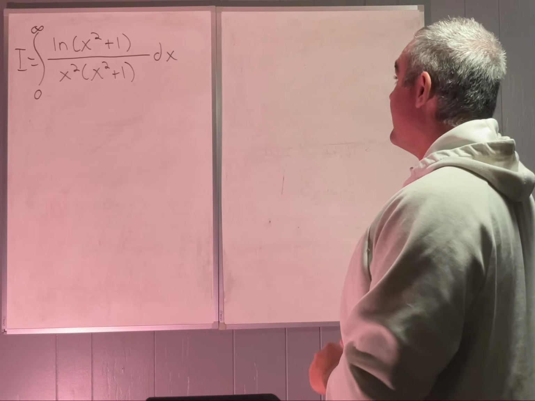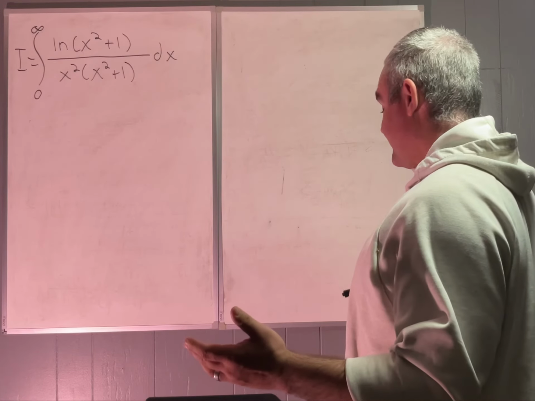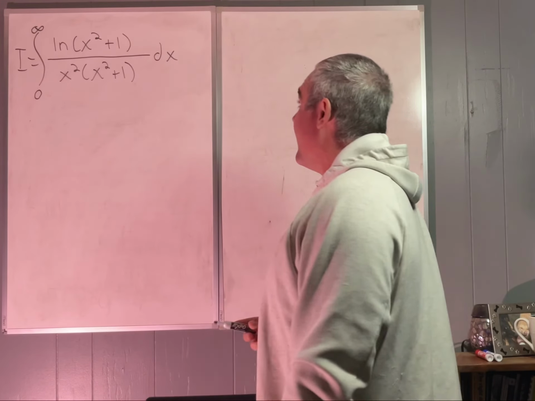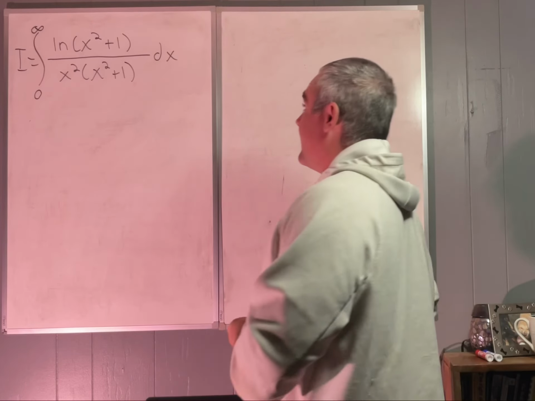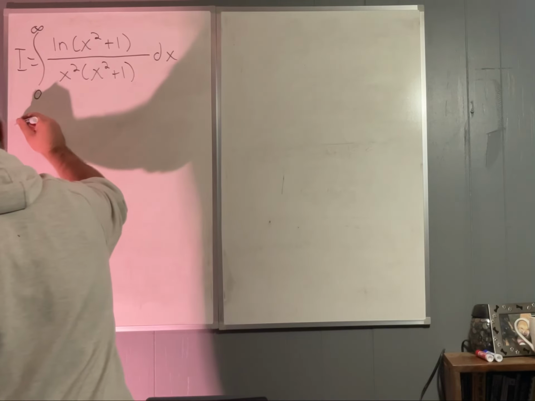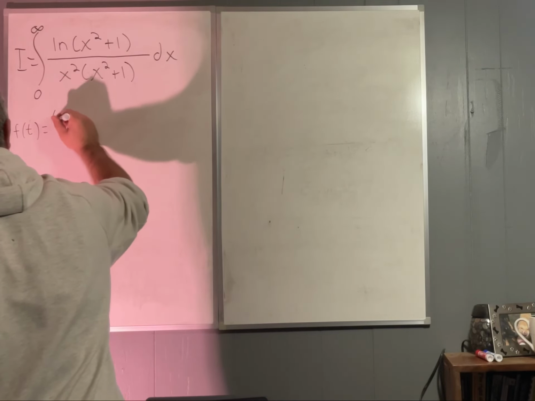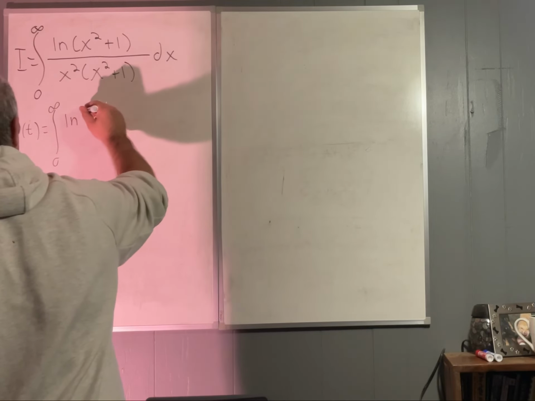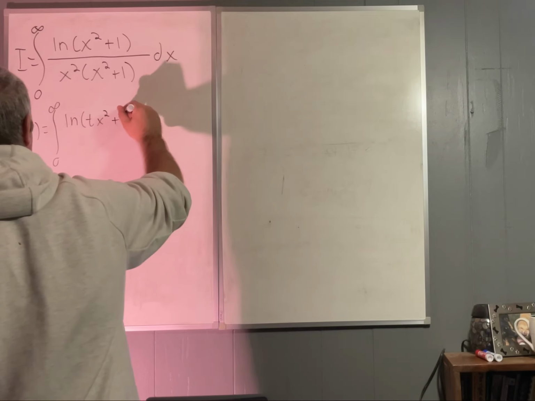Okay, so, well, let's see. First thing we do, like always, is we create a new function. We insert a new variable to create a new function. In this case, the function we'll be creating is this. I'm going to say that f of t is equal to the integral from 0 to infinity of the natural log of t x squared plus 1 over x squared plus 1 dx.